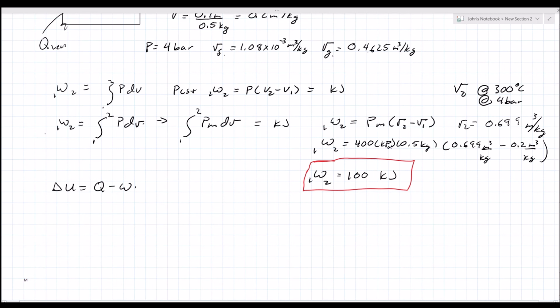Well, there is. Remember, if you have two intrinsic properties and they're independent, you can find all of your properties of the system. So since I know where I am for my state 1, I know my internal energy at state point 1. Since I know where I end up, I know my internal energy at state point 2.